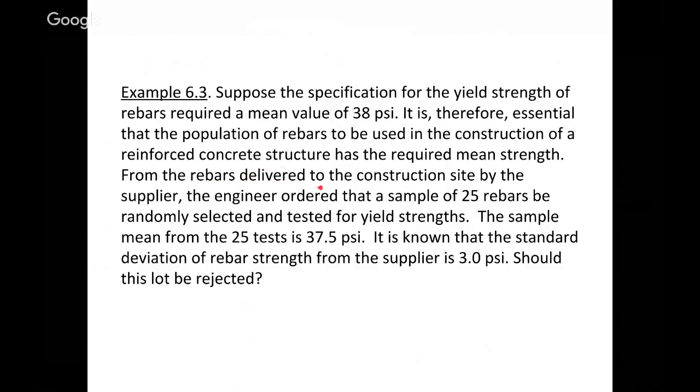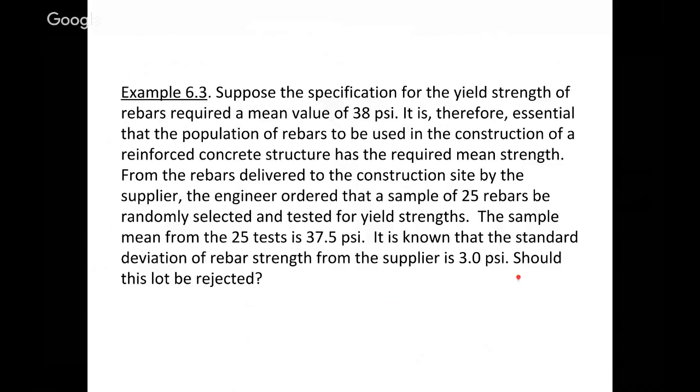From the rebars delivered to the construction site by the supplier, the engineer, that would be you, ordered that a sample of 25 rebars be randomly selected and tested for yield strengths. The sample mean from the 25 tests turned out to be 37.5 pounds per square inch. It is known that the standard deviation of rebar strength from the supplier, that suggests the population standard deviation, is 3.0 psi. Should this lot be rejected?